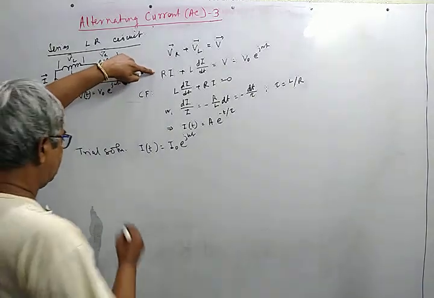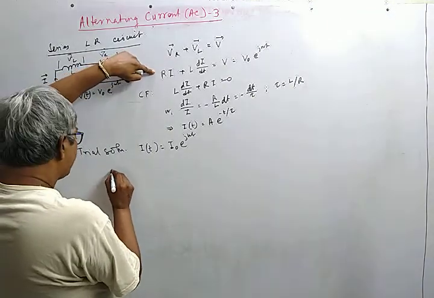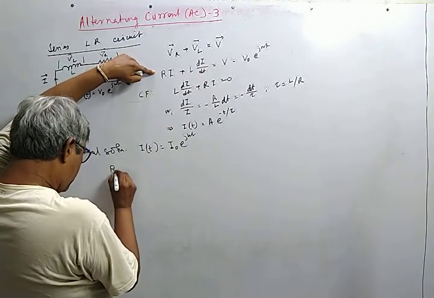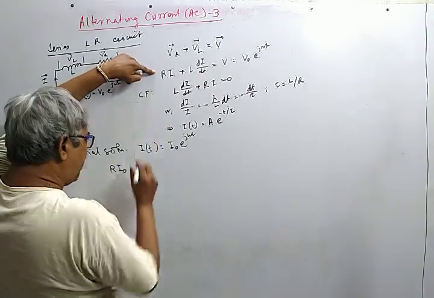So we get R I0 e to the power j omega t.